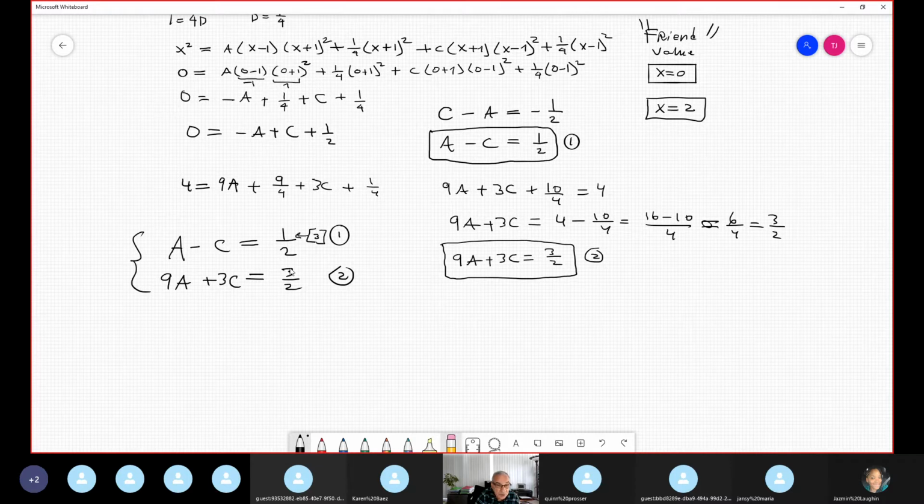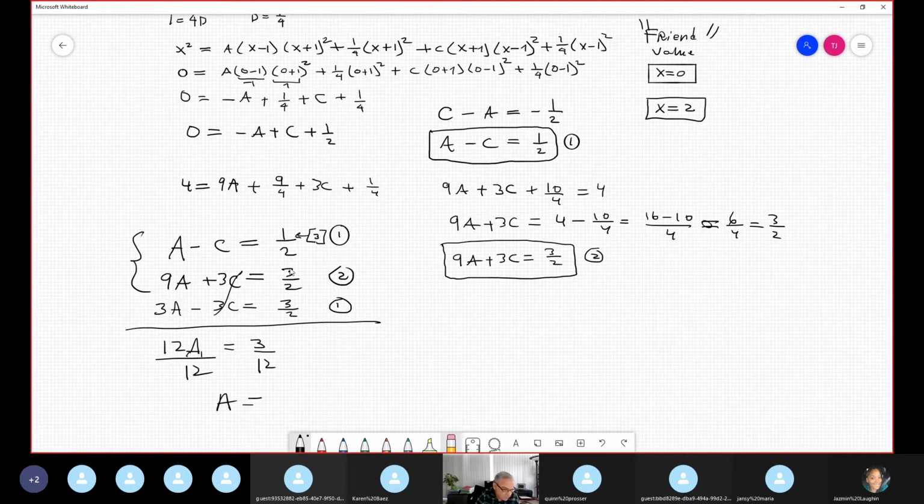What's the intention? 3 times negative C is negative 3C. So 3A minus 3C is equal to 3 half. Okay, this is my new equation 1. Ready? This is 12A. This cancels out. And 3 half plus 3 half is 3. Divided by 12 both sides, A is equal to 1 over 4.